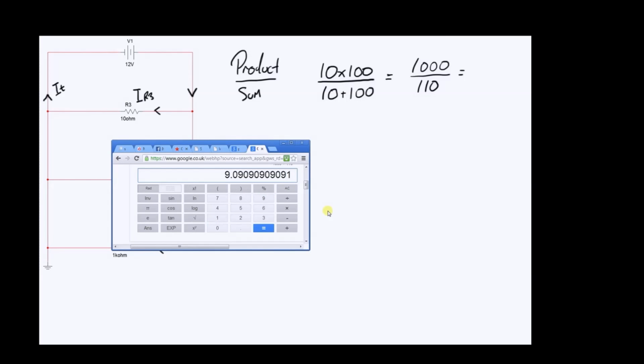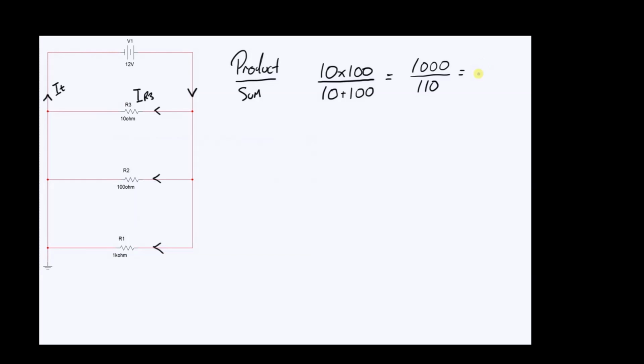This gives us a resistance of about 9 ohms. We take this 9 ohm value here and apply product over sum with the final resistor in the bank there. And this same technique can be applied regardless of how many resistors you have in a bank.